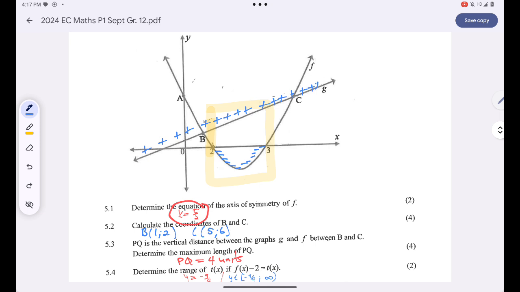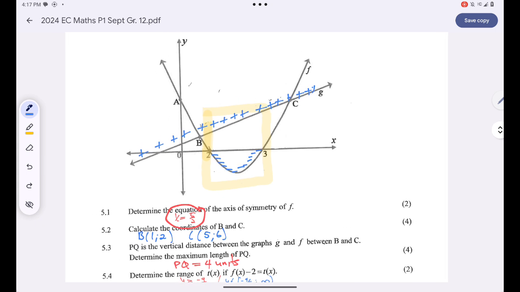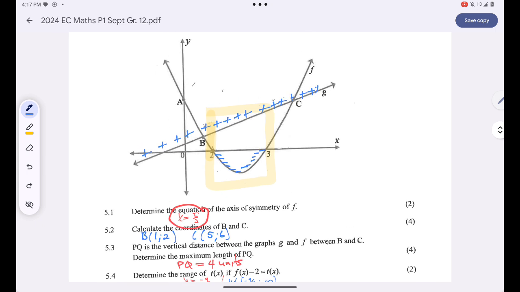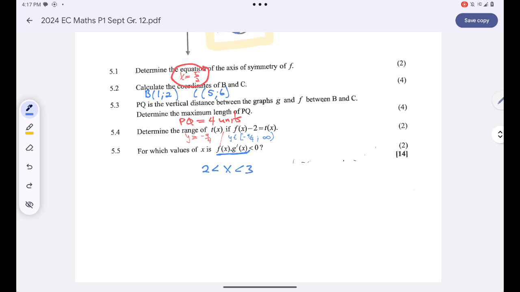If I'm multiplying two things and the answer is negative, those two things have different signs. The graph and the gradient of g have different signs when x is between the two x-intercepts. So when x is between 2 and 3, that's where this statement is true. That's how, guys, we're supposed to tackle this question.